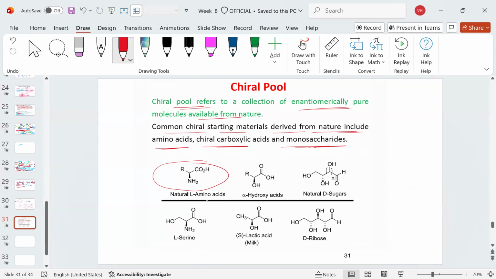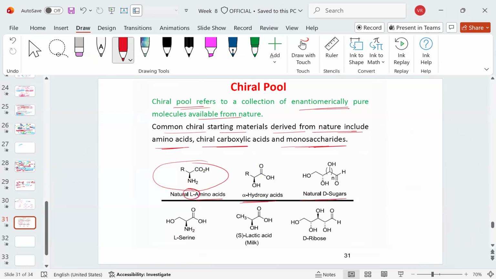So these are natural L amino acids, which are quite cheap. This is also one of the starting materials for chiral pool synthesis. Further, there are alpha hydroxy acids, then the D sugars.